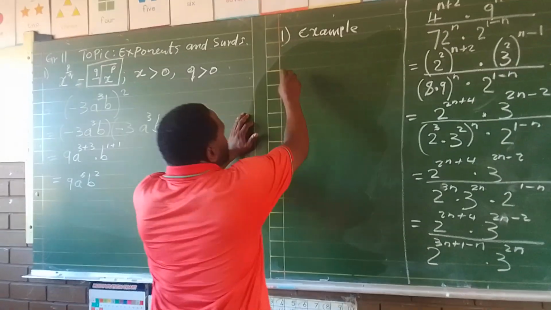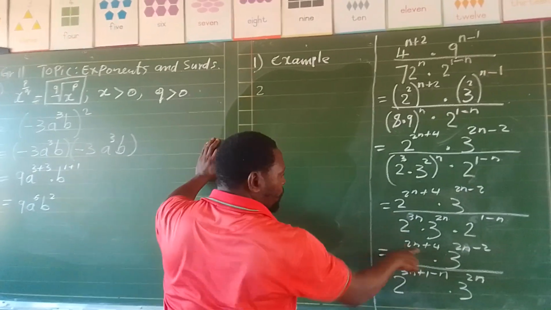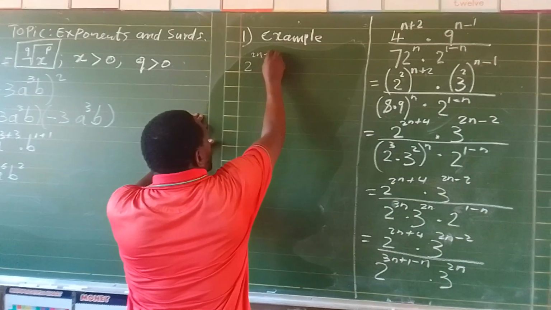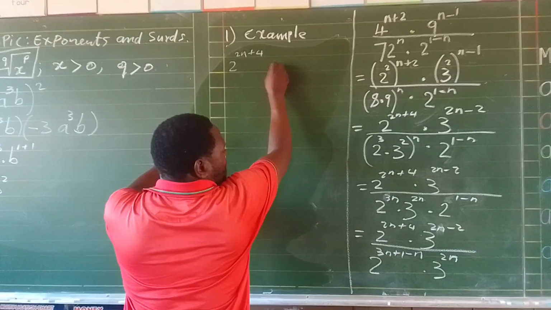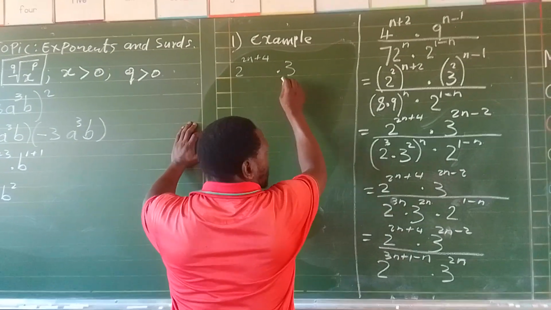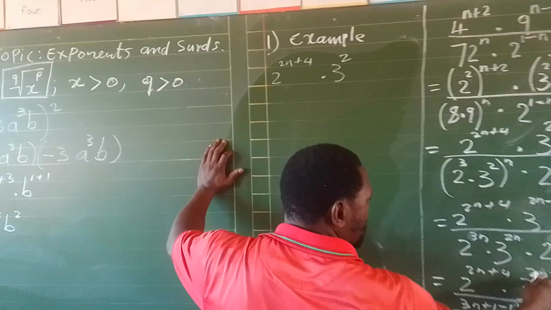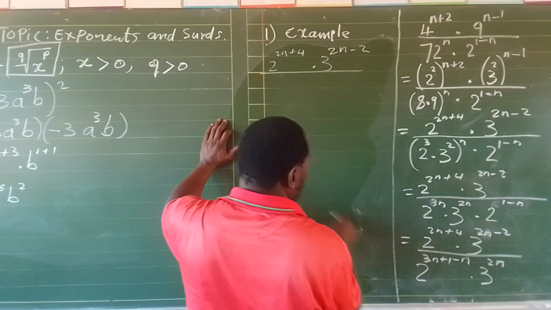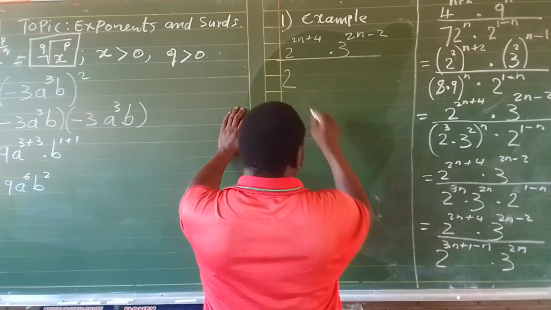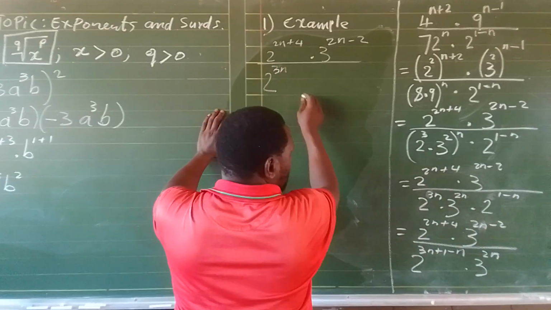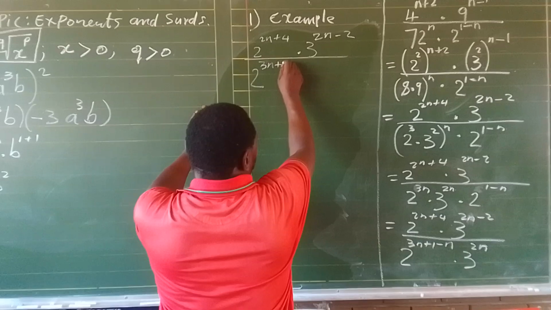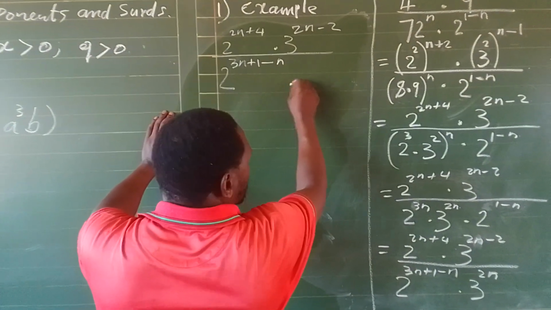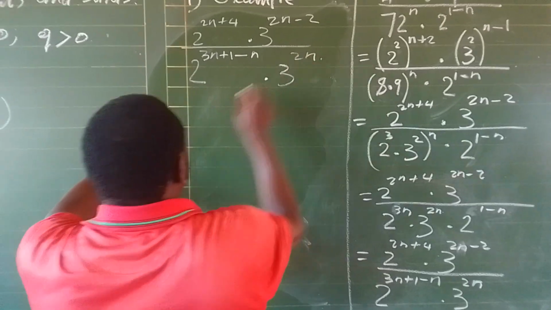Right, we have a 2 to the power of 2n plus 4, which is multiplied by 3 to the power 2n minus 2. You divide all that by 2 to the power 3n plus 1 minus n multiplied by 3 to the power 2n.